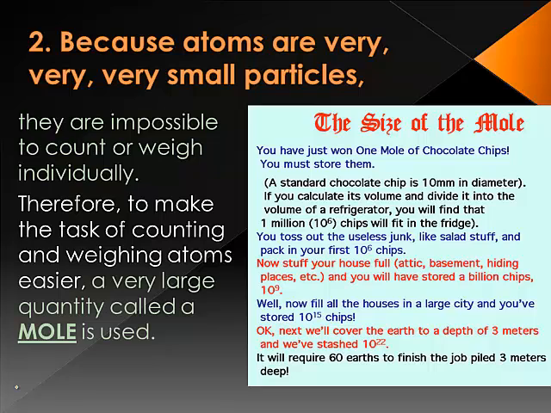That would only be 10 to the 15. That's a million billions. So if you then went to an even bigger level, say you went to the level of the earth and you covered the entire earth 3 meters deep with chocolate chips, that would take about 10 to the 22.